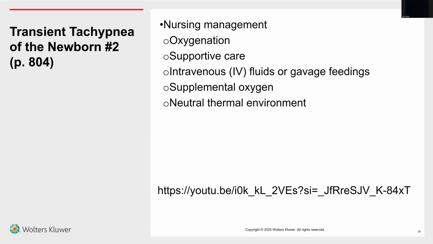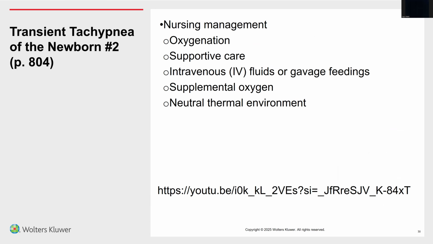We're going to manage this by providing baby with supplemental oxygenation, whether it is through nasal cannula or through CPAP. Supportive care, including maintaining their temperature stability and glucose control.